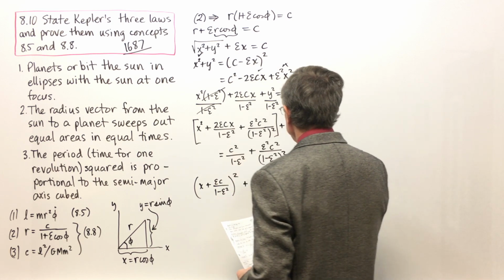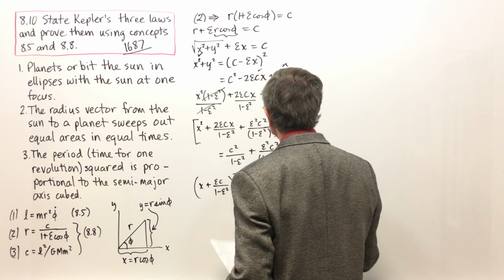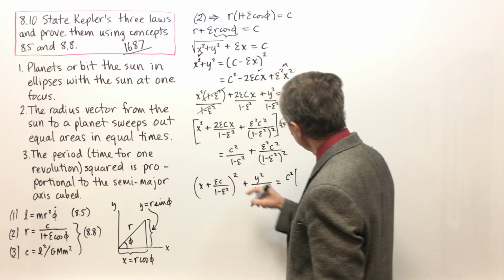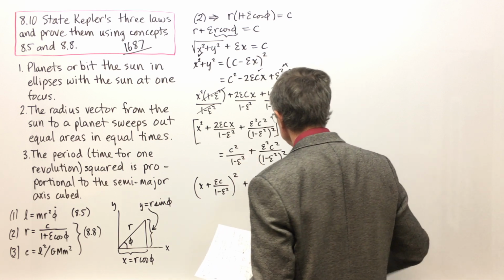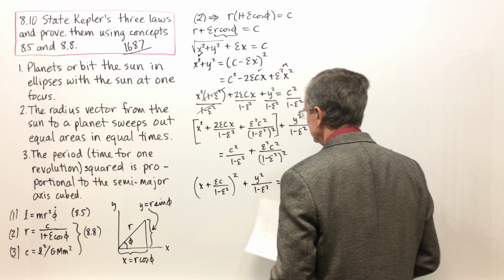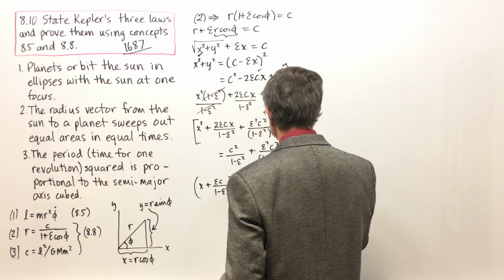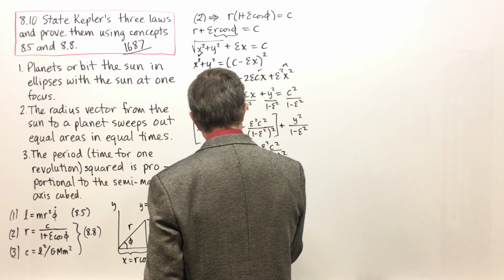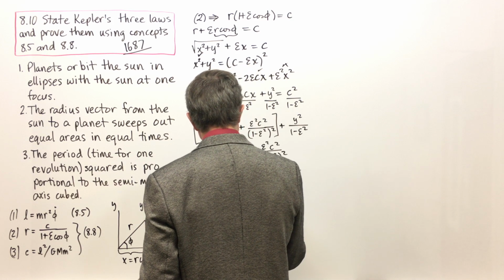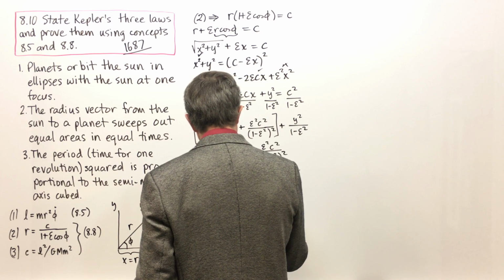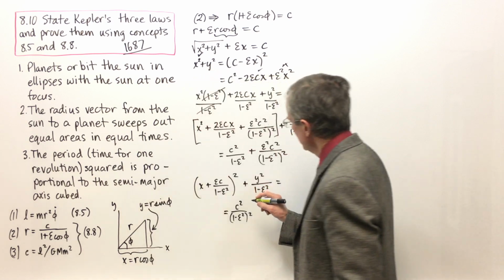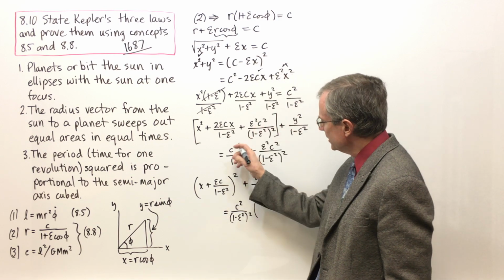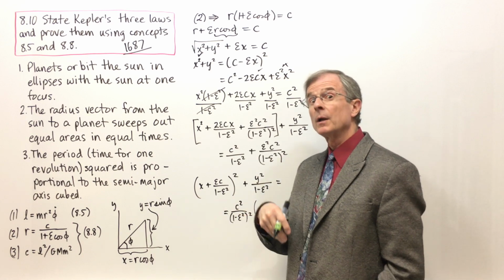So what does that leave me? This first term, I'm going to factor out a 1 minus epsilon squared squared. I'll put it down here so I'll have room. Okay, so I want to factor out a c squared over 1 minus epsilon squared quantity squared.